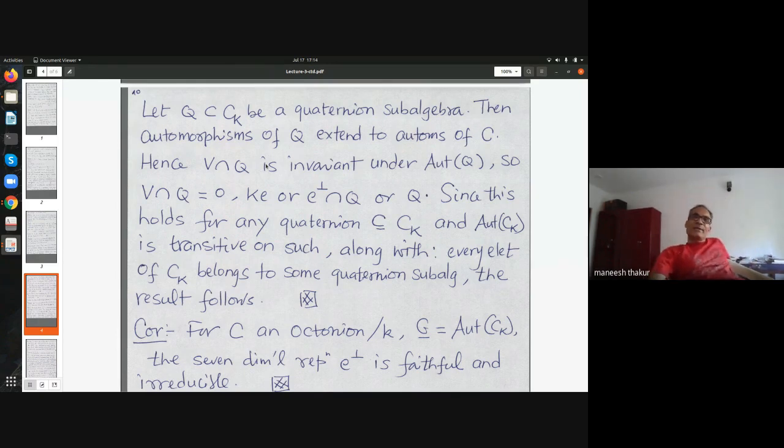That tells me that the intersection of V with Q will be invariant under automorphisms of Q. And by what we know for the quaternion case, this must therefore be 0, either the one-dimensional space KE, or E perp intersection Q, or Q itself. So there are these possibilities.